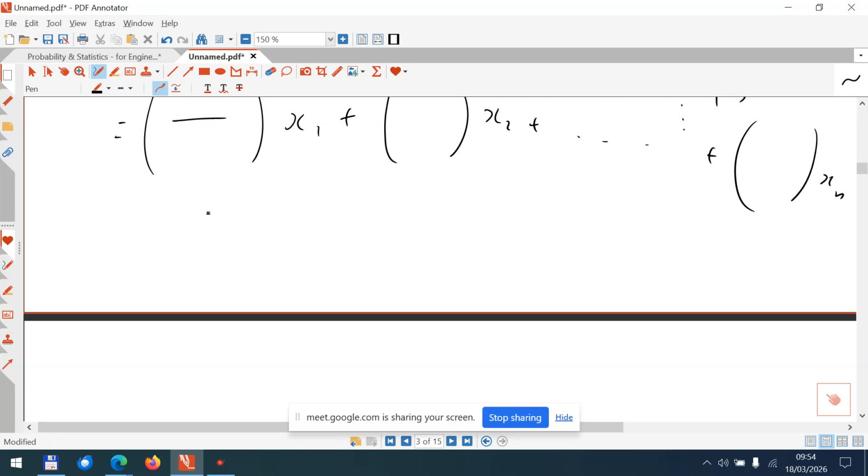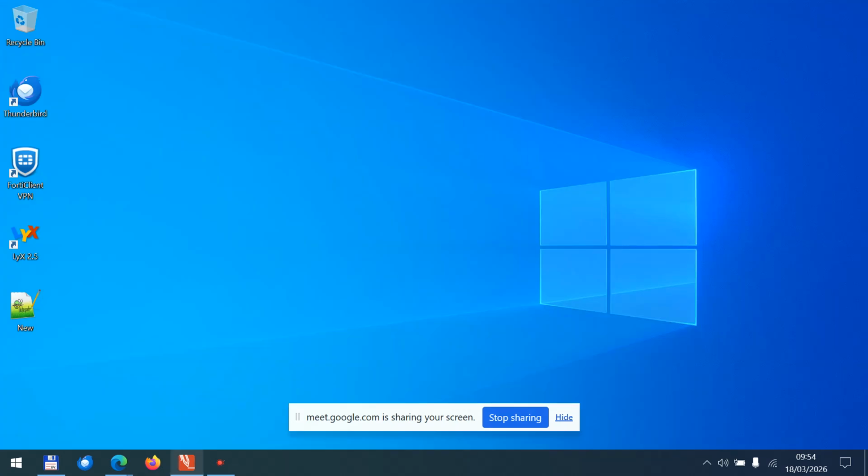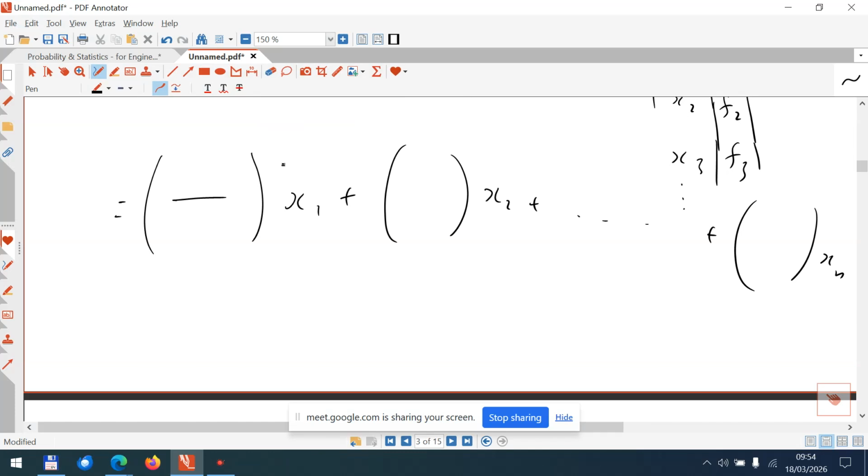So I divide each frequency, f1 up to fn, by the sum of frequencies, which is the number of data points.